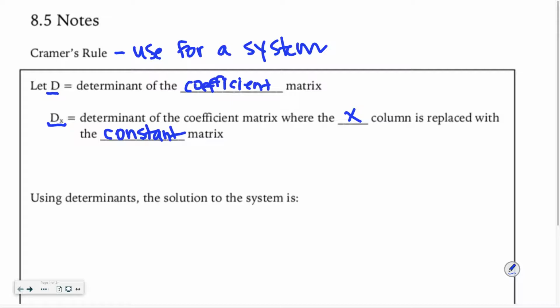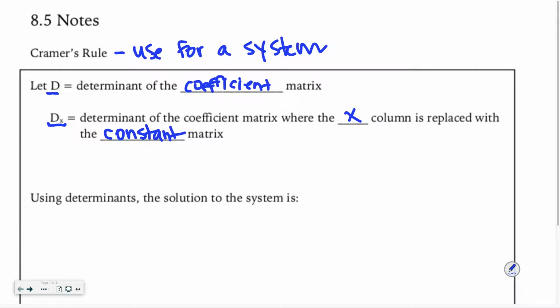Just preview the example down below. Do you see the 3x plus 4y equals 1 and the 5x plus 3y equals 9? If I'm talking about the constants, what numbers am I talking about? 1 and 9. So we're going to take a 2 by 2 matrix for that example.